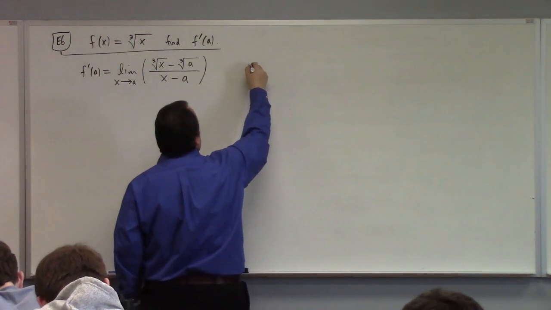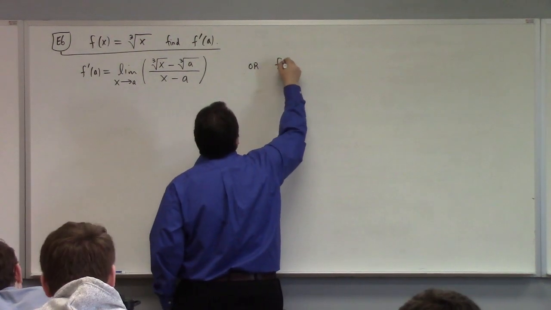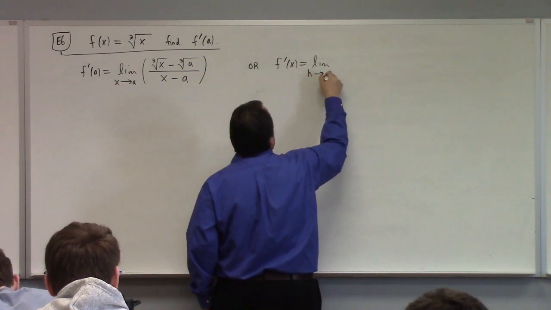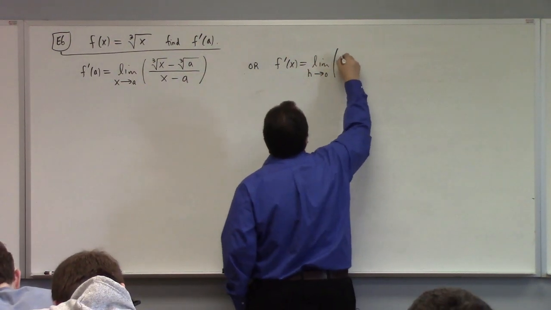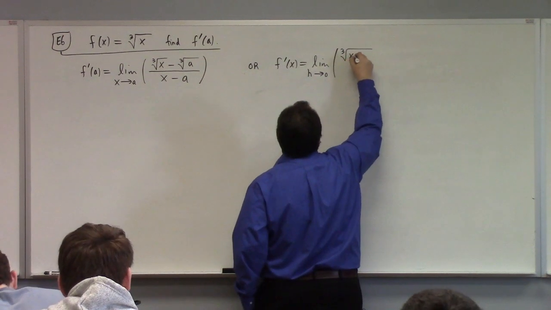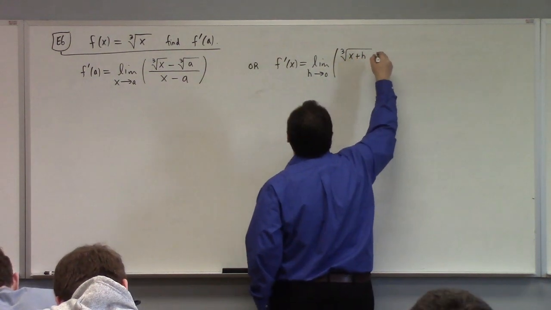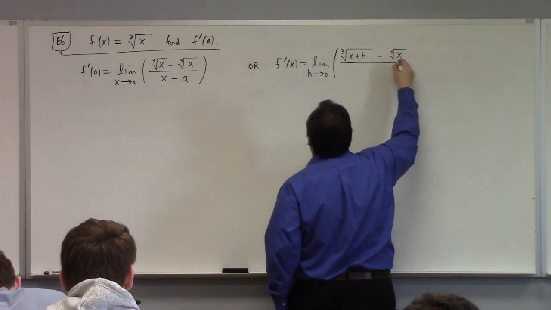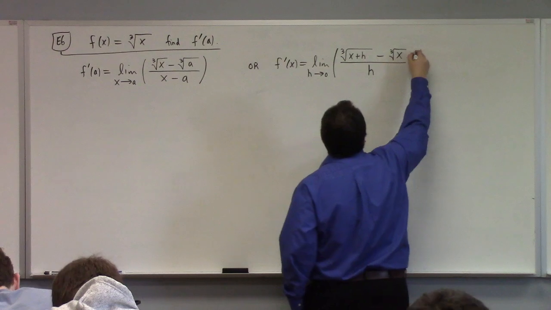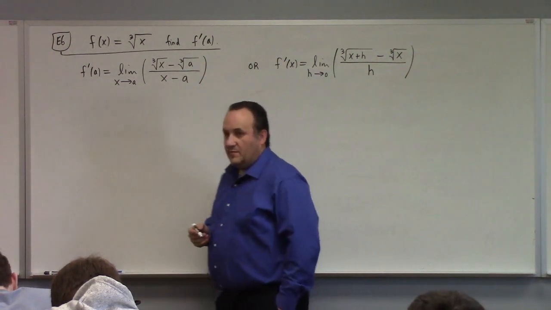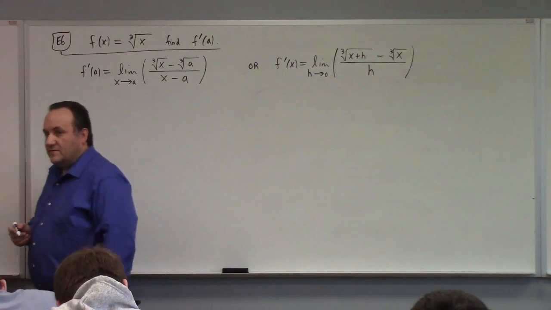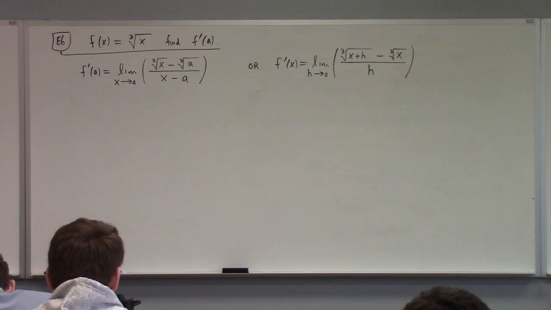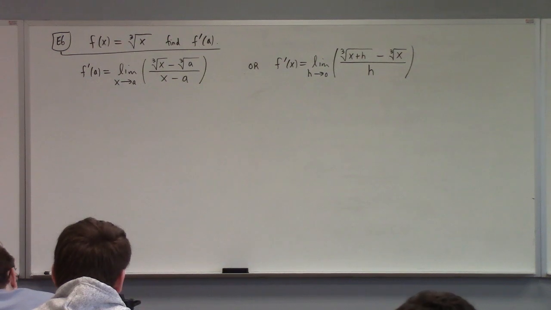Or we could try f prime of x equals the limit as h goes to 0 of the cube root of x plus h minus the cube root of x divided by h here. I think this is an example where the x goes to a formalism is your only hope. I don't think anybody here is going to see how to do it in the h formalism.